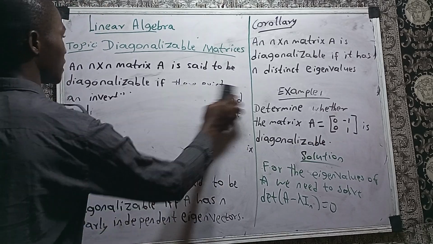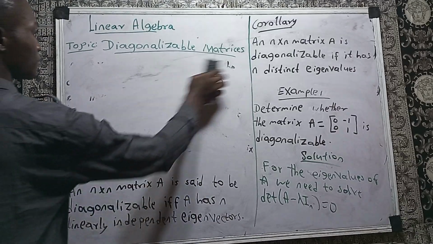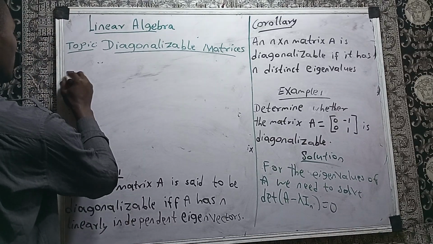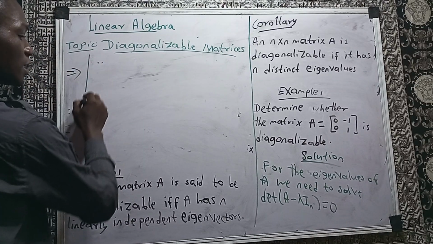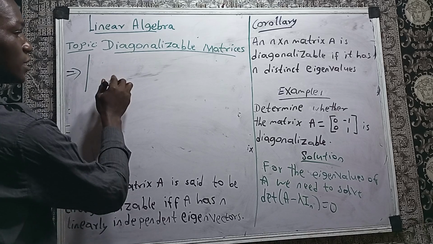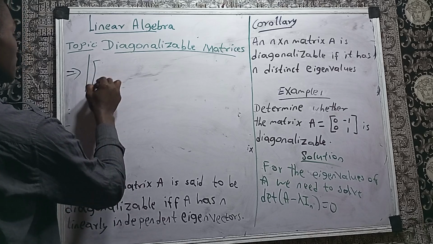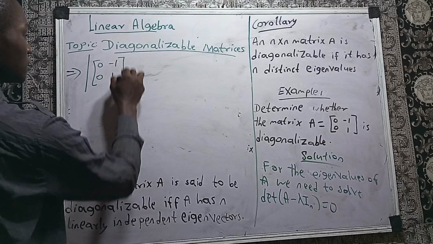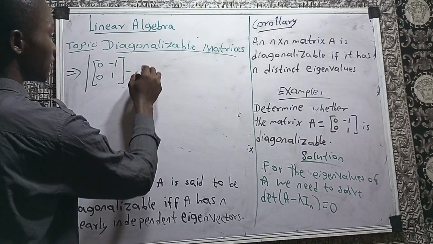So this simply implies determinant of A minus lambda times the identity matrix. The matrix A is 0, 0, minus 1, 1.